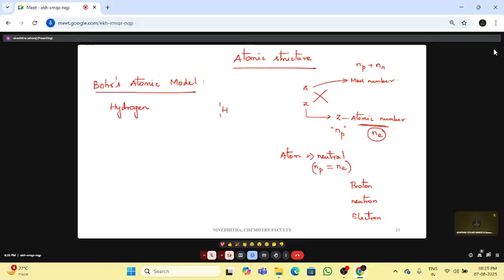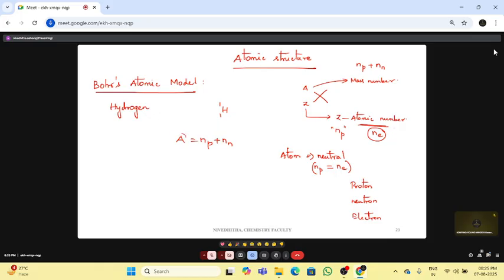Okay, so now you have to know the number of neutrons. Is there any way to calculate number of neutrons? Because from atomic number itself, we can predict number of protons and number of electrons. What is the way of calculating number of neutrons? See, mass number represents number of protons and number of neutrons.